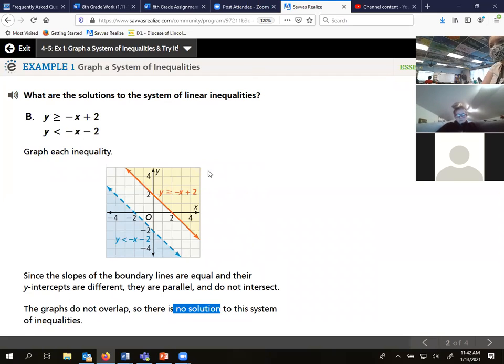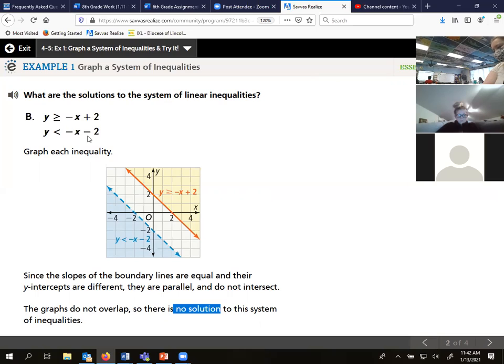Okay, because if I would look at the point 2, 1, for example, I plug in a 2 here. What's negative 2 plus 2? 0. And y is 1. Is y greater than or equal to 0? Is 1 greater than or equal to 0? Yes. Okay, if I plug in that same point here, negative 2 minus 2.